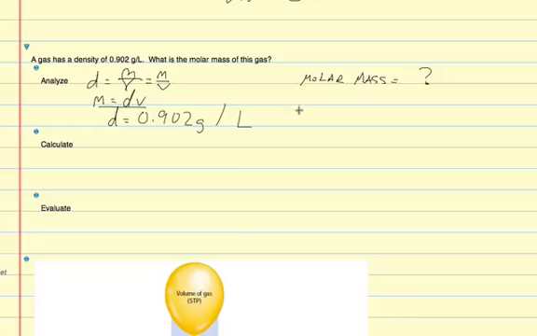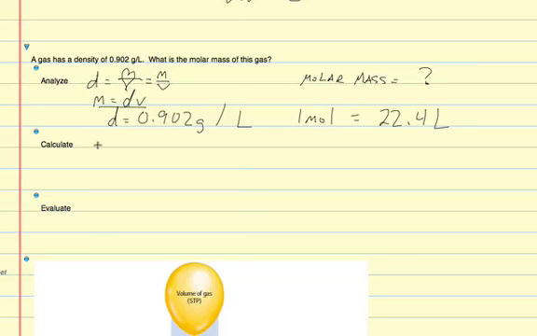If we were working with 1 mole of that substance, we're going to have 22.4 liters. In this problem, we have to make a bit of an assumption. Let's just use 1 whole mole in our example to find the molar mass. That makes sense, right? Let's take a whole large amount, 1 mole, 22.4 liters, and plug it in.